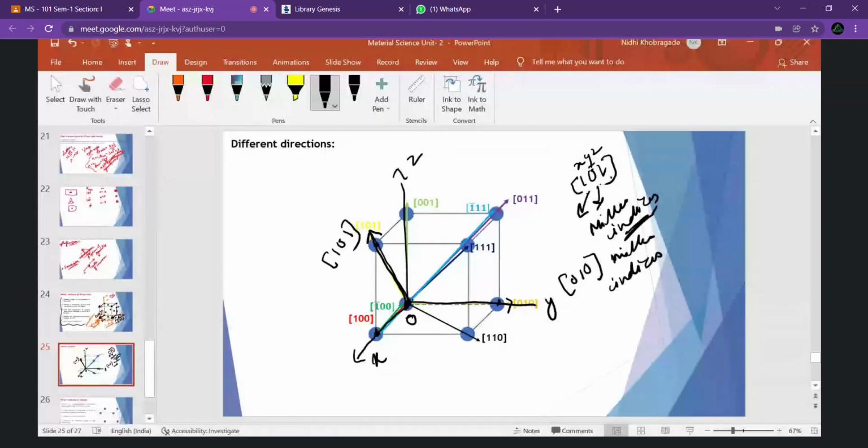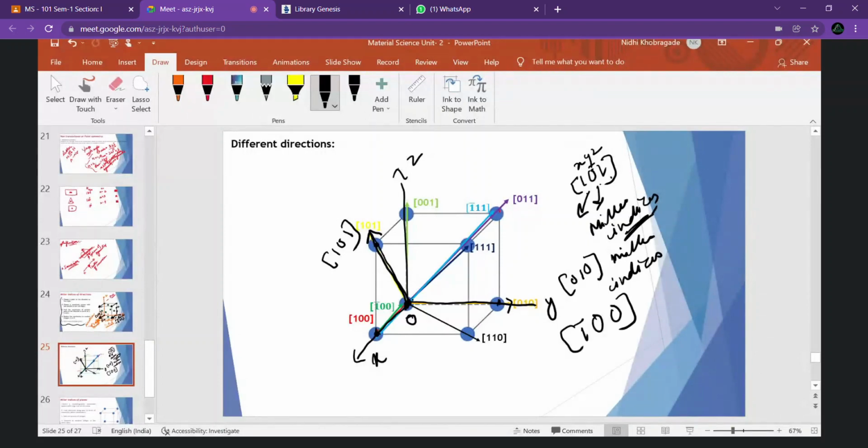This is the positive side, this is also the positive side, 100, 110, in a similar way 010, 111. Suppose we have some negative value like this, 1 bar 0 0.